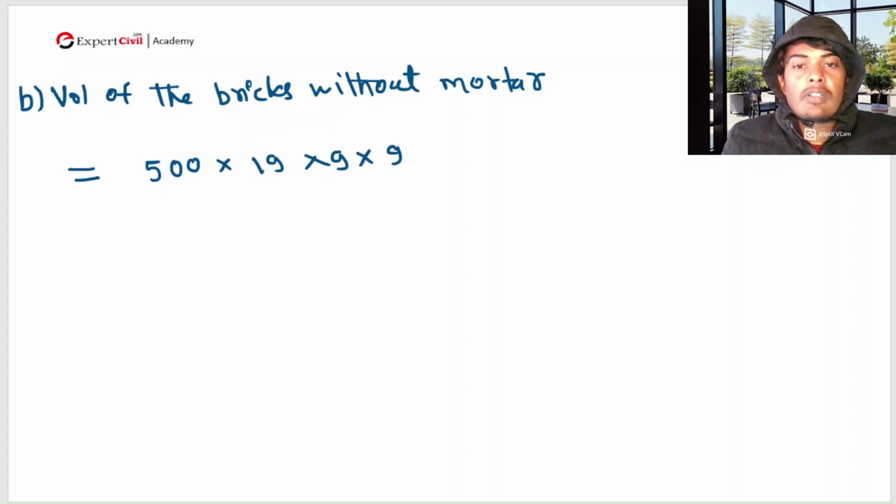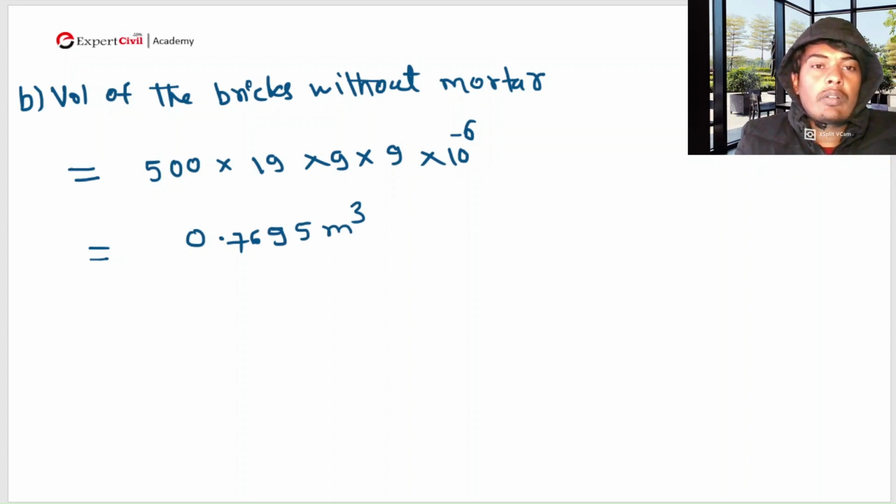These dimensions are in centimeter, so we will convert into meter cube by multiplying with 10 to the power minus 6. So it comes out to be 0.7695 meter cube. Here we have found the volume of the bricks without mortar, because to find the actual number of bricks we must exclude the volume of the mortar which is used.